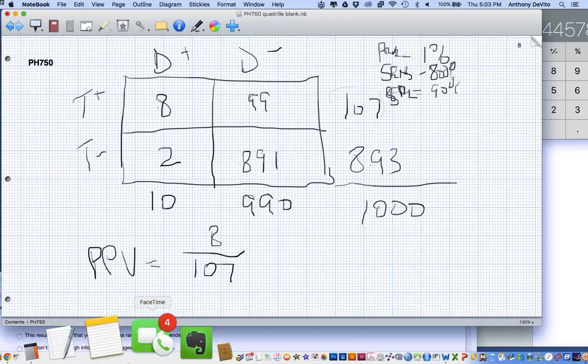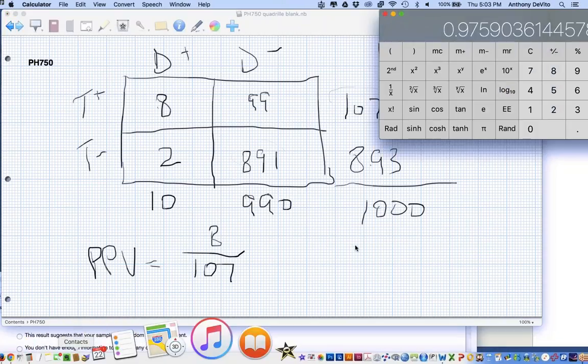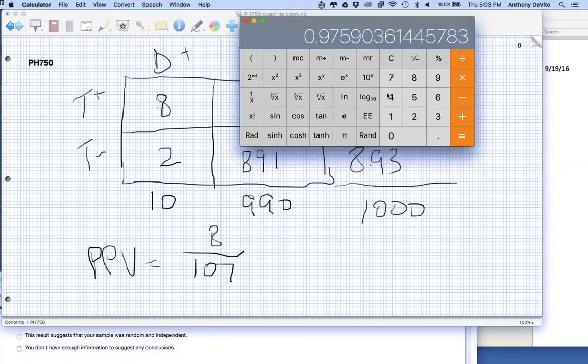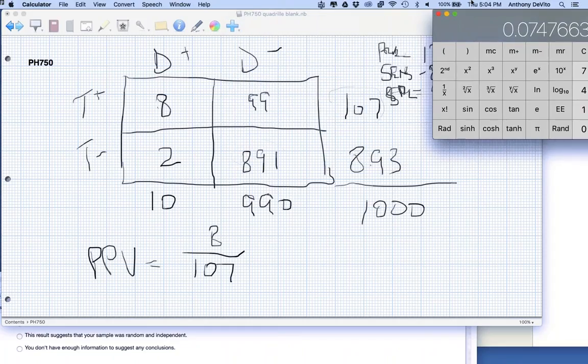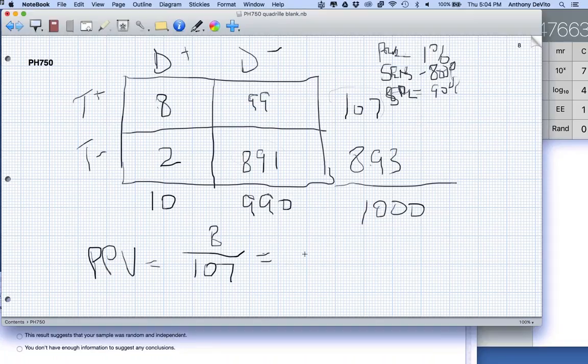So if you tested positive in this population, 8 divided by 107, there's only a 7.5% chance. Only a little bit more than 7% chance that you have the disease.